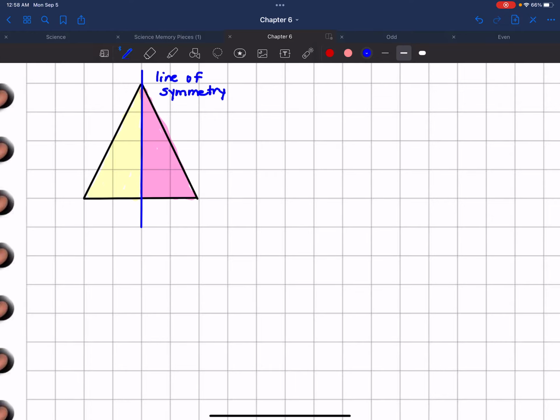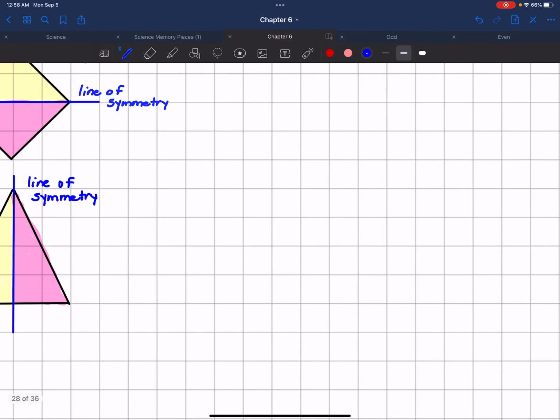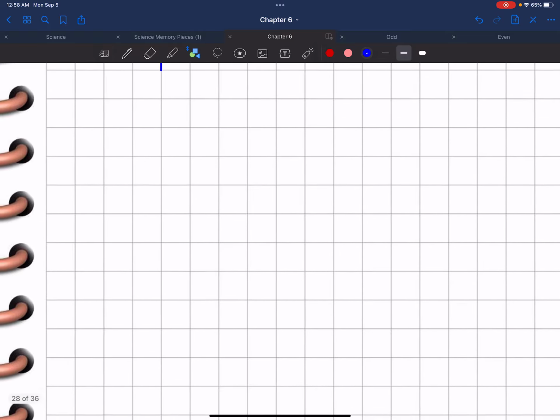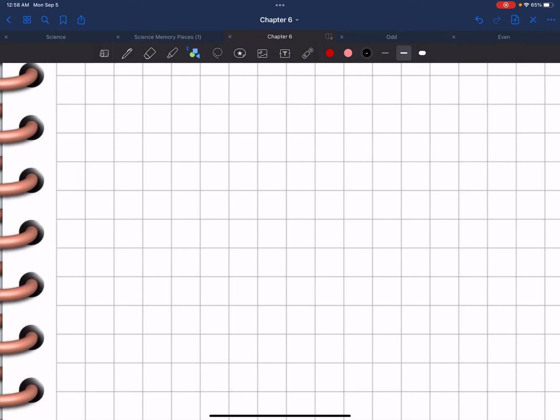Okay, here's another one. Boy, that's a pitiful looking triangle, isn't it?